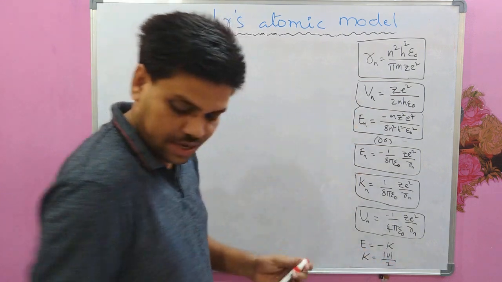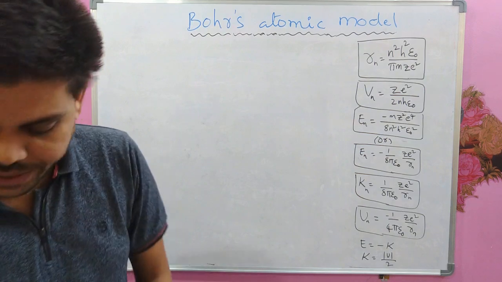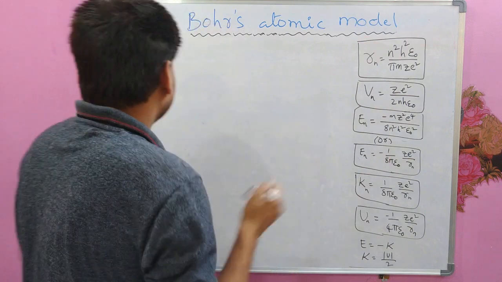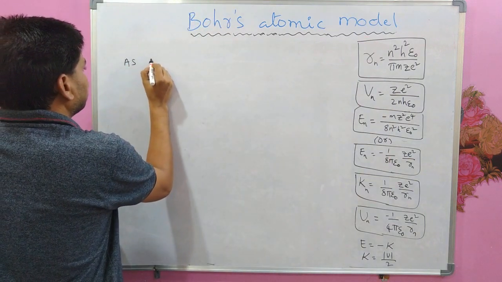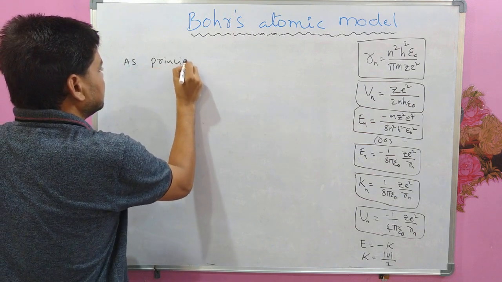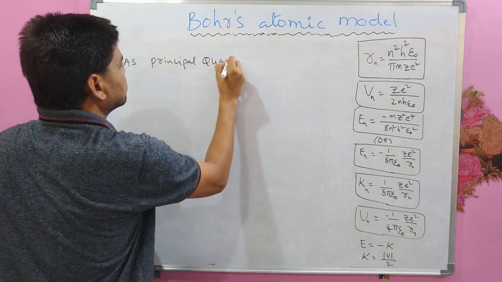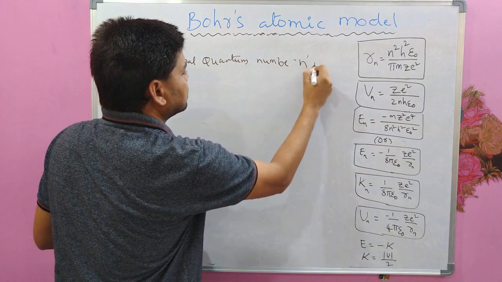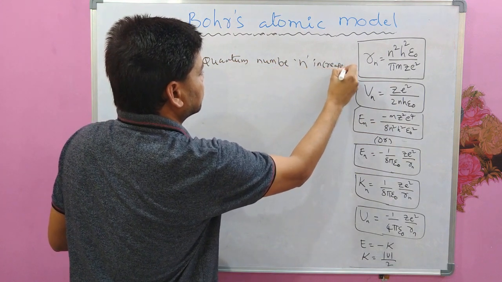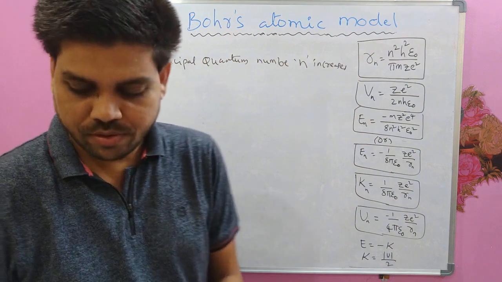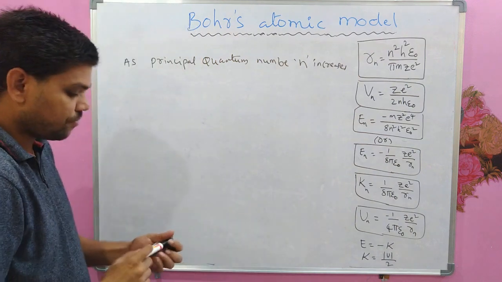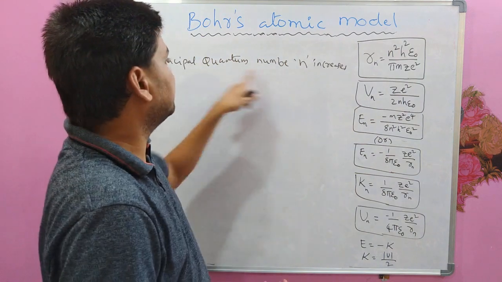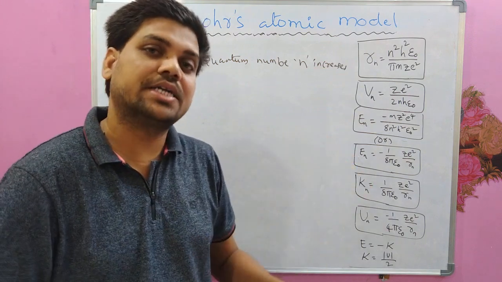Now let us write one most important point using these expressions. As the principal quantum number n increases, what happens to these values? If you observe, some of the quantities will increase if n increases, and some of the quantities will decrease.